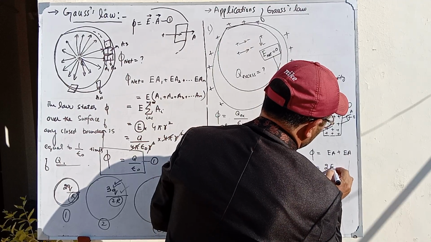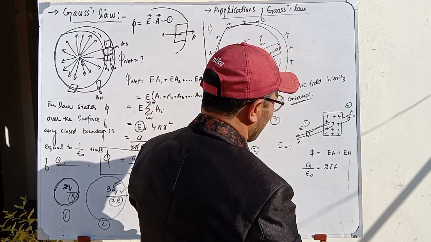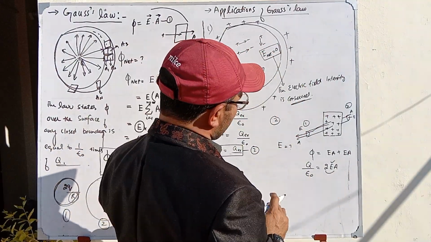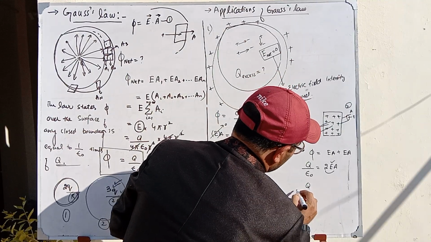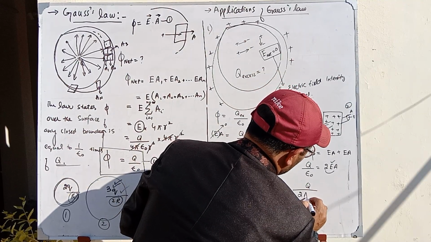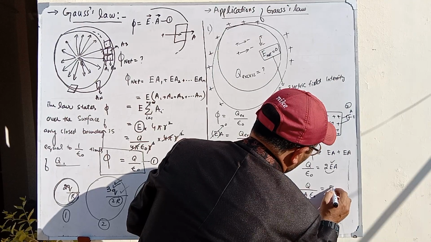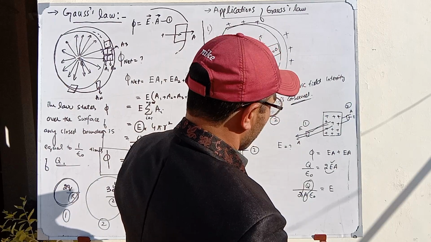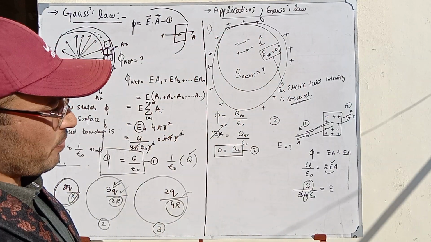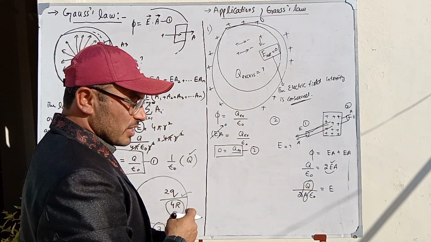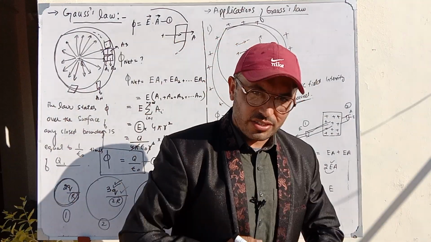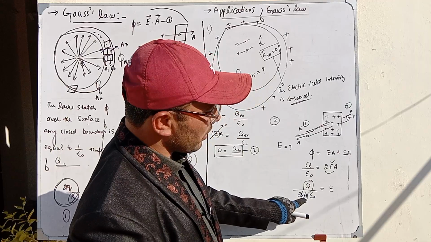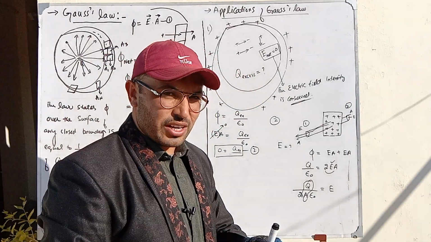These will sum up to E times 2A, and I divide the 2A to the left side and I will get Q over 2A epsilon naught. This term, Q divided by any area, gives me the surface charge density. Mass per unit volume is mass density, but when any charge is divided by area, this is called the surface charge density.